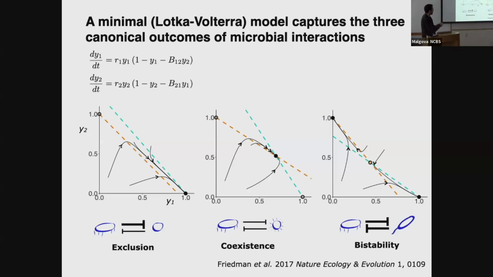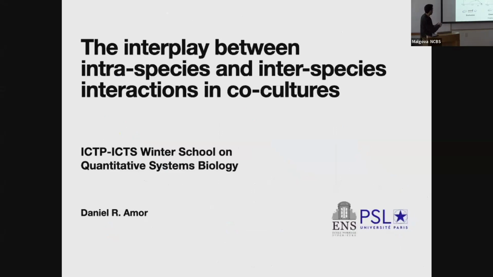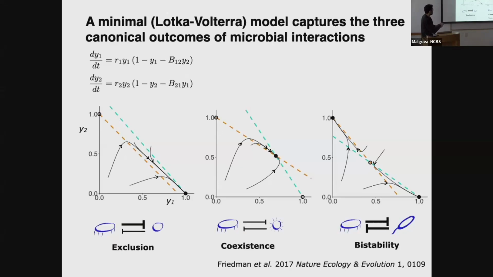By analyzing how these null lines cross or are displayed in the phase space, we can understand whether one species is excluding the other. Wherever you start in the phase space, you will be pushed to this stable state.